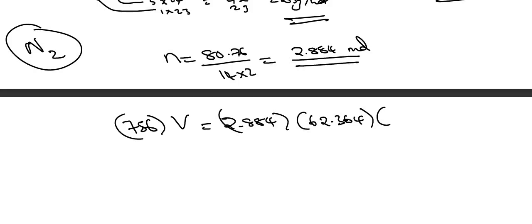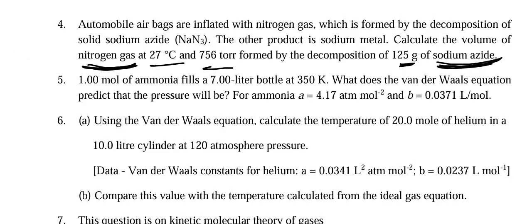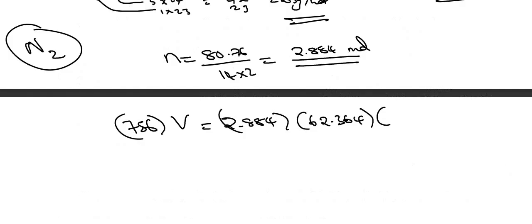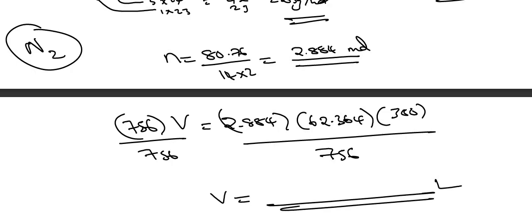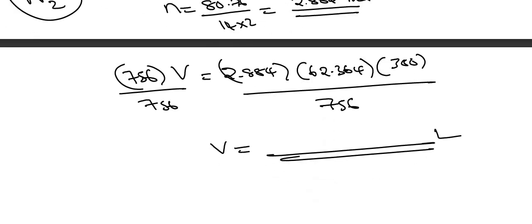It was given in degrees Celsius. We have to convert it, so we're adding 273. That should be 300. So here I'm just going to divide both sides by 756, so we'll get our volume. Our volume will be in liters. So that's what you're supposed to get.